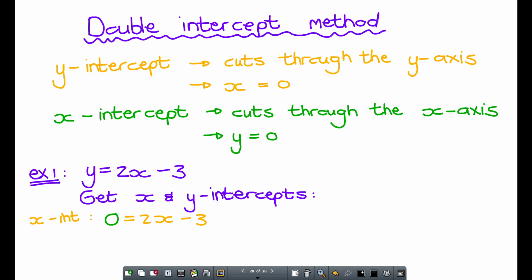Do you guys get that? Okay, so now, all I have to do, now it looks like a normal equation that we had earlier on this year, right? So let's take the minus 3 to the other side. Then we'd have positive 3 is equal to 2x.